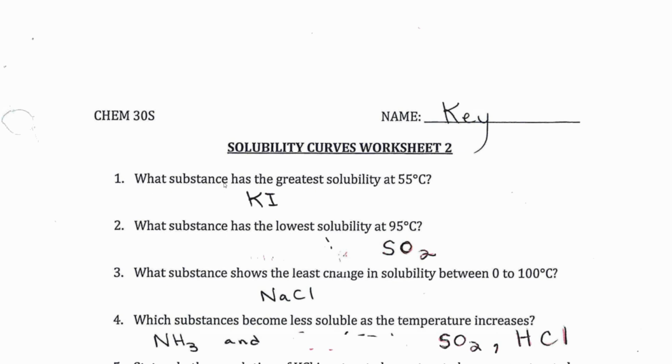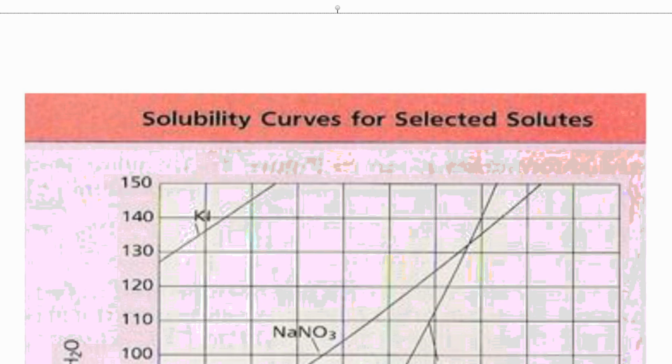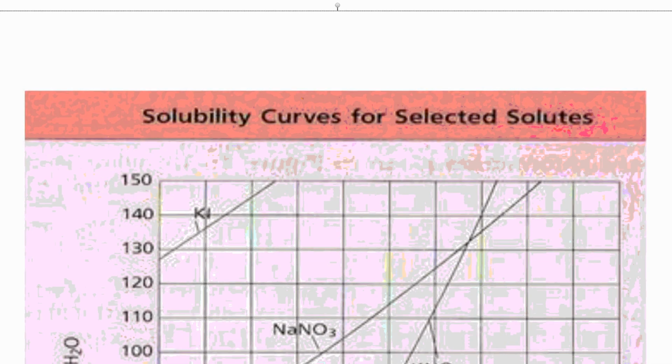Okay, so question 1 says, what substance has the greatest solubility at 55 degrees Celsius? So I'm just going to switch over to this solubility curve, and this is the one that you have. When you're working on this assignment, solubility curves worksheet 2, make sure you use this solubility curve.